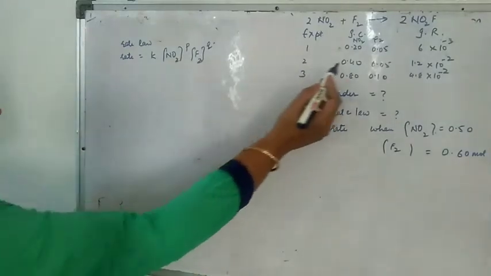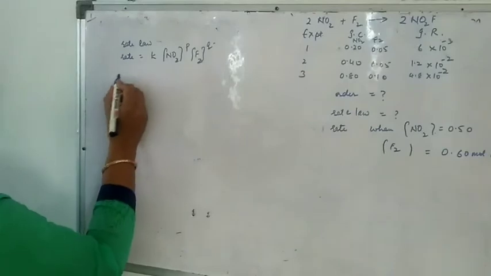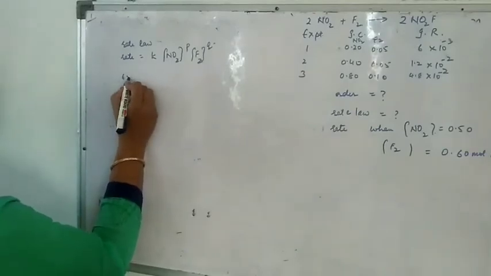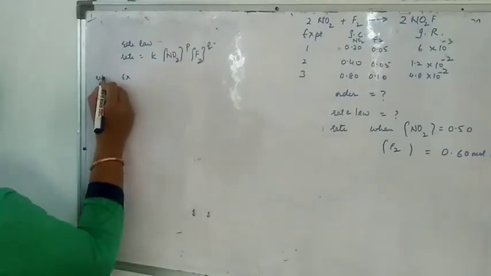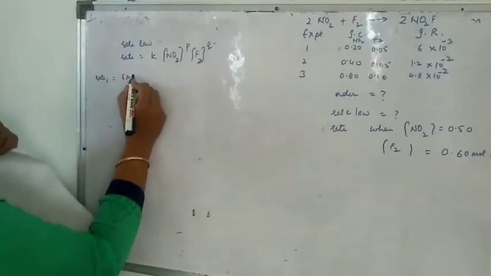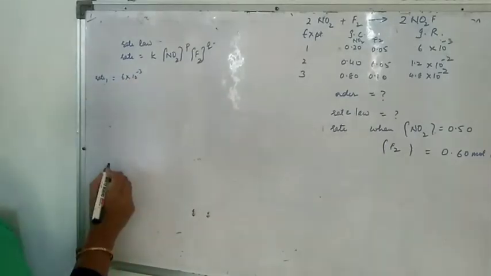So for the first experiment, we have rate 1 as 6 into 10 raised to power minus 3.